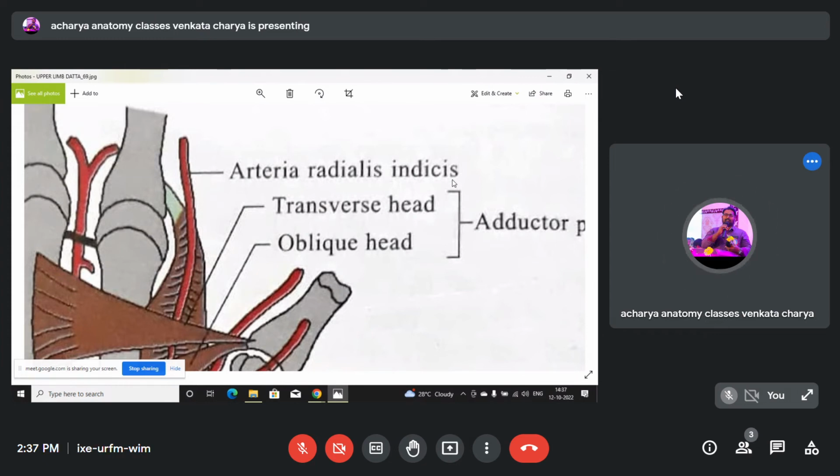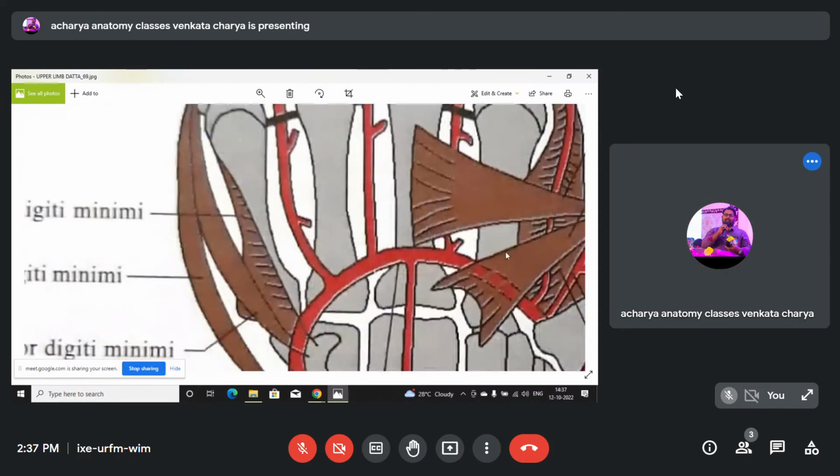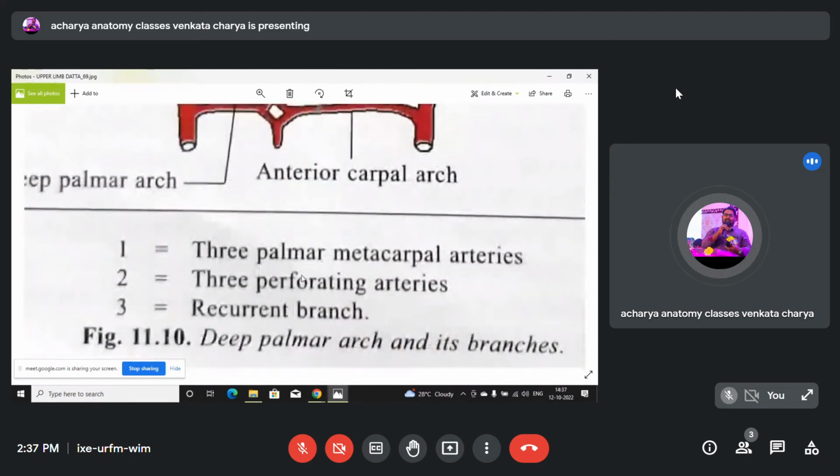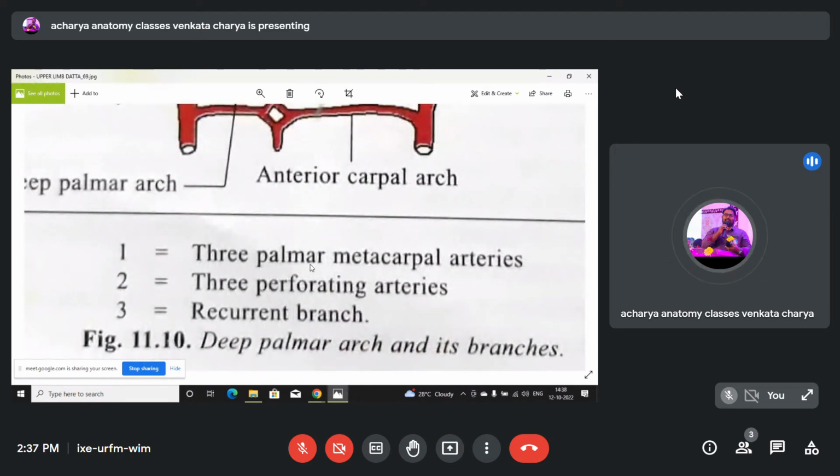Okay, next, deep palmar arch gives the next point. Formation of the deep palmar arch: deep terminal branch of the radial artery and deep branch of the ulnar artery unite to form an arch called the deep palmar arch. This deep palmar arch gives the 3 palmar metacarpal arteries.